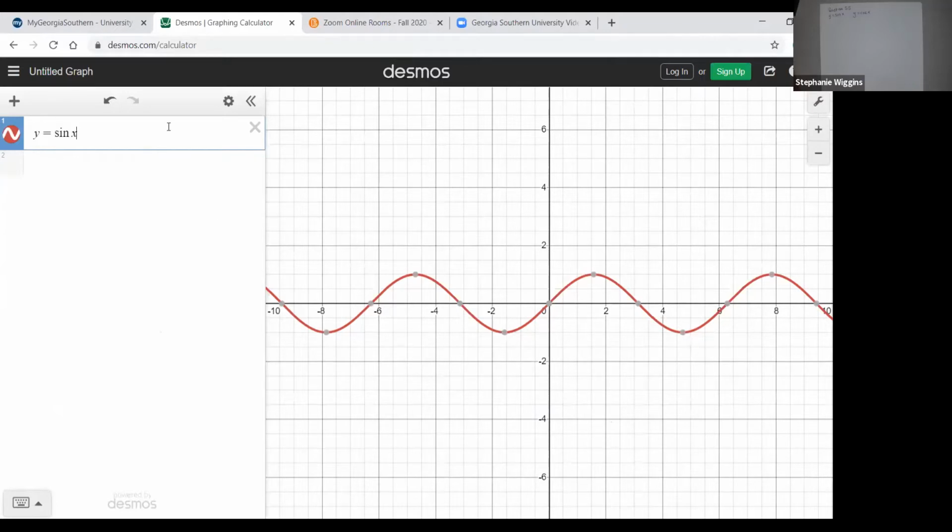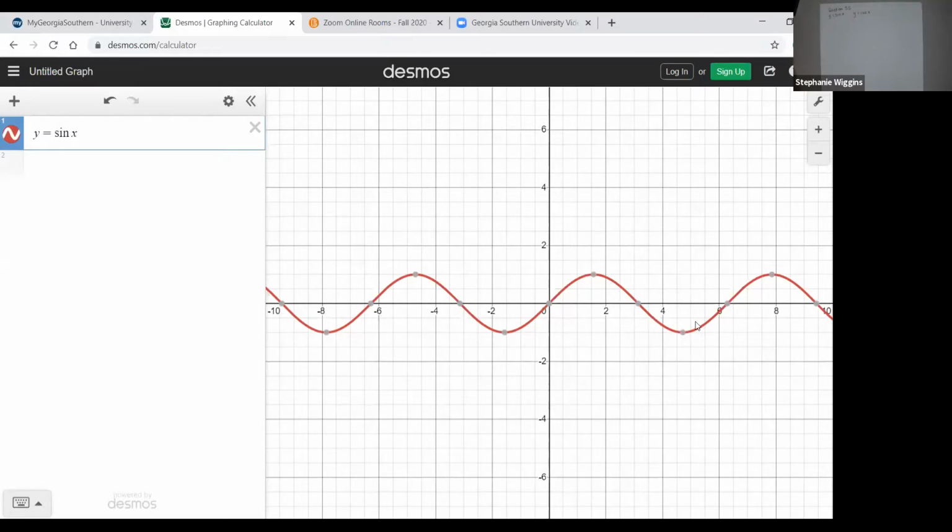Because sine x represents the vertical height of your circle at certain points, the distance between the x-axis and the circle itself vertically, you get a wave that starts at 0 and goes up to 1 and then back down to 0 and then down to -1, and it continues in that manner.